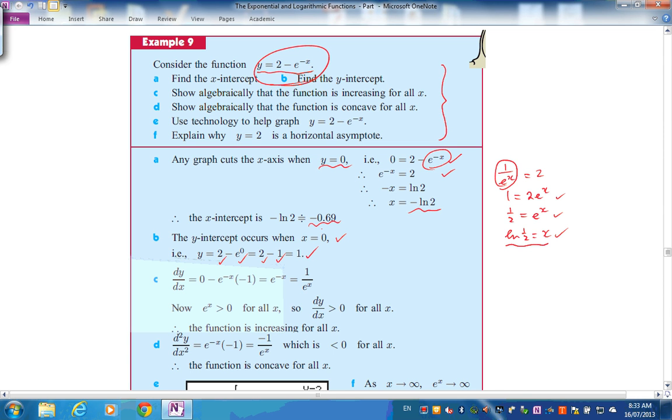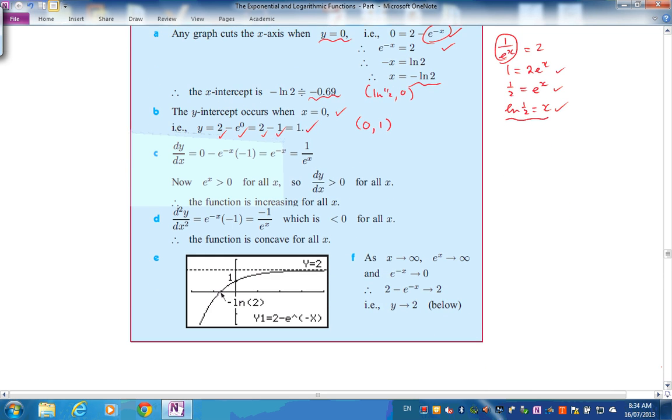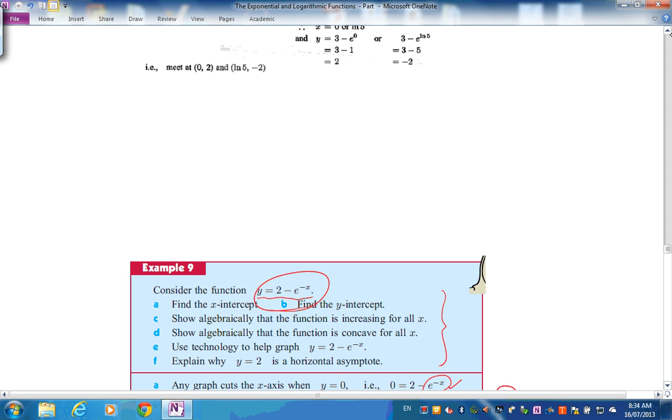So the y-intercept should be written as 0, 1, and we should have written this up here as ln a half and 0, if you like, a completed point with a pair of coordinates.